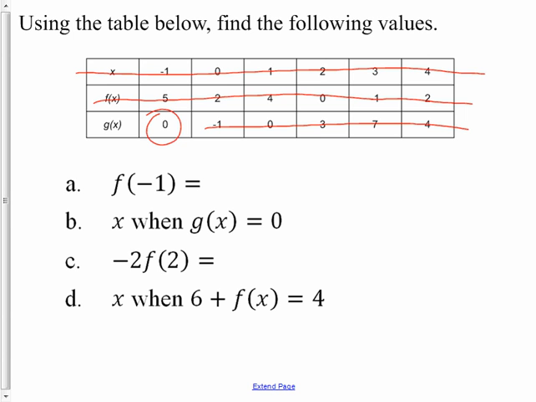Oh, sorry. Thank you. There's 2 spots where g of x is 0. Didn't notice that. Okay. What do I want to know? The x. So you could go up and figure out what x goes with it. The x that went with it is that. So I already had the zeros, so now I got 2 answers.